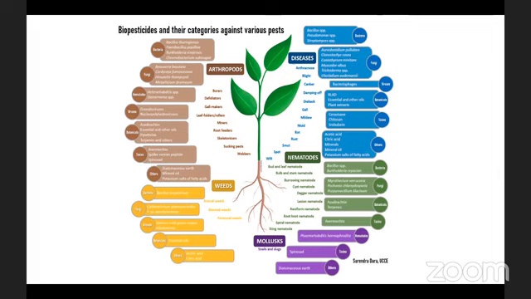So now biopesticides that are already known come in different classes. Some act against arthropods, that is insects, some act against weeds, some against nematodes, and some against different plant diseases and molluscs.